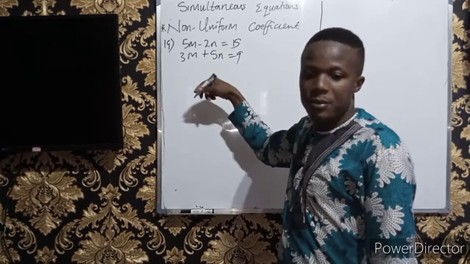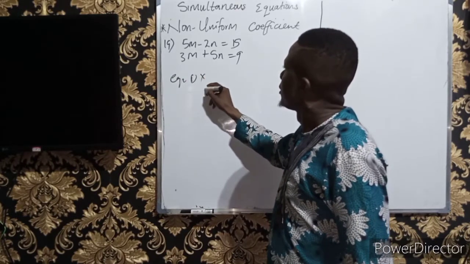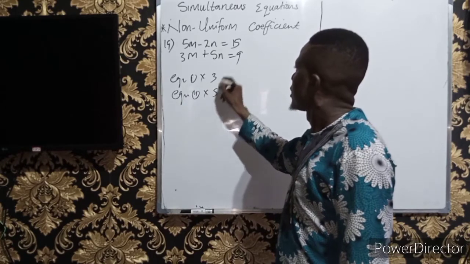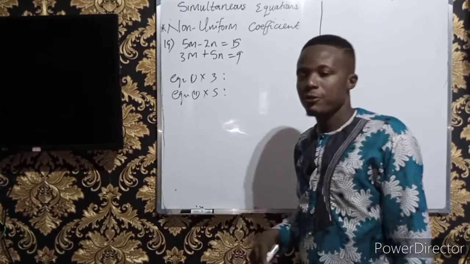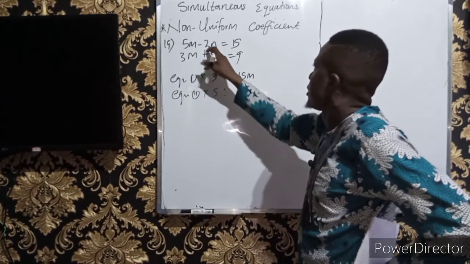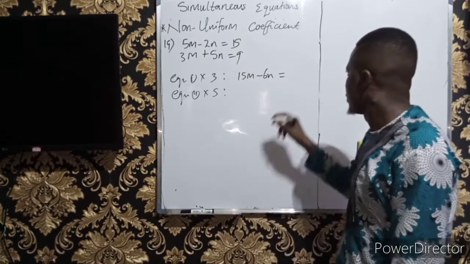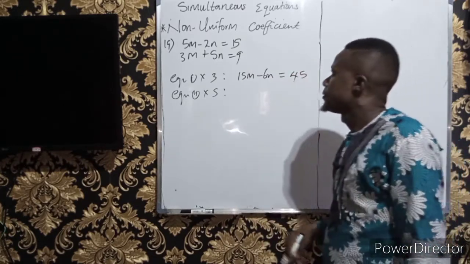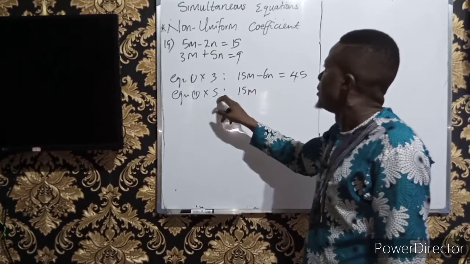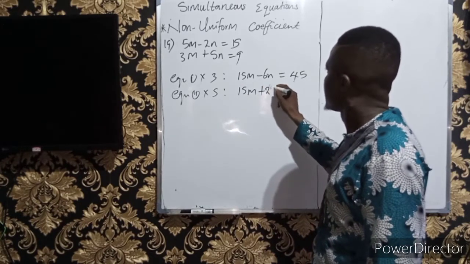Let's take the 19. Okay, here I have to still swap the coefficients. I say equation 1 times 3, equation 2 times 5, so that the coefficient becomes uniform. 3 times 5m is 15m. 3 times minus 2n is minus 6n. 3 times 15 will give us 45. 5 times 3m is 15m. 5 times 5 is 25n.